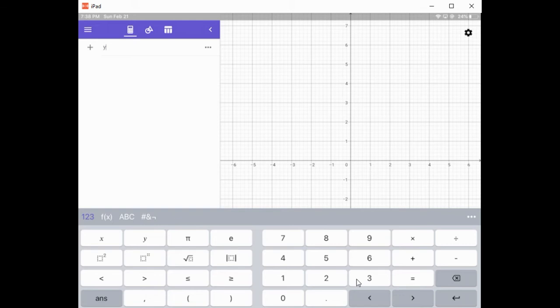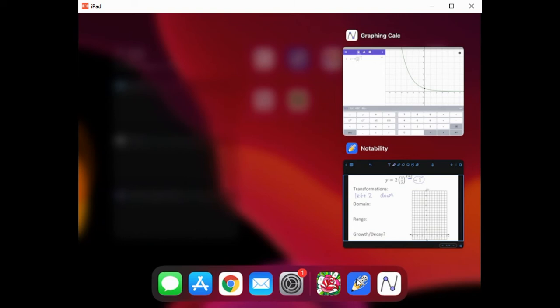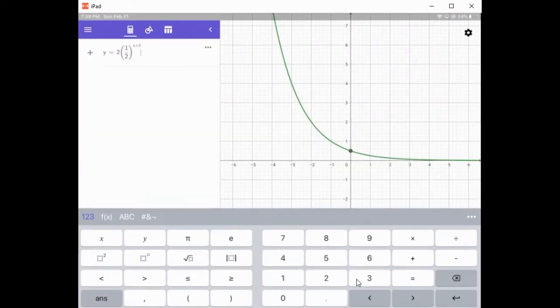So I'm going to type in y equals 2, and then in parentheses put 1/2, and then it was to the x plus 2 power. And then if you hit the arrow button under the equal sign, that makes it come down out of the exponent, and it was -1.